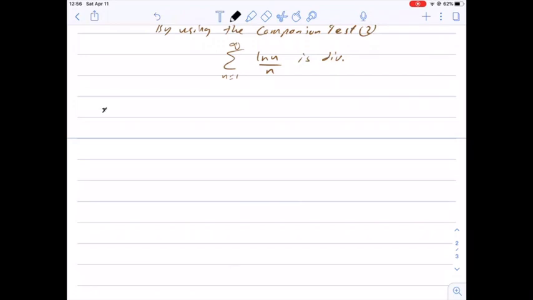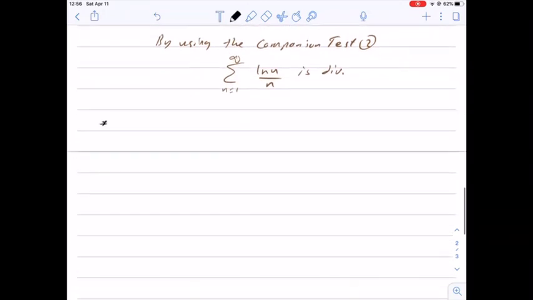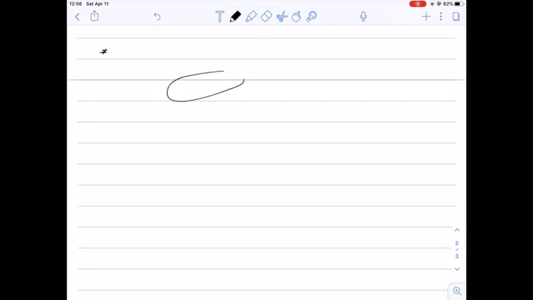Now sometimes this comparison test doesn't work, but we can work on that using a limit. What we described so far is that if we have a series a sub n and we could find a smaller series that is divergent, then our series is divergent.